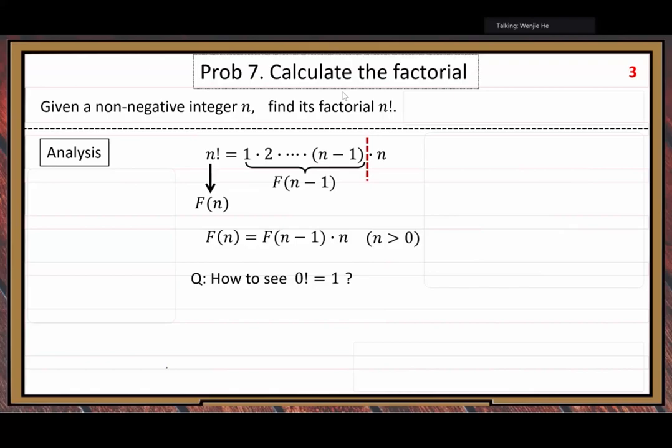Now you agree this formula is correct for the factorial function. Now let's rewrite this formula by doing some simple algebraic operation, dividing by n on both sides: f of n minus 1 equals f of n over n.